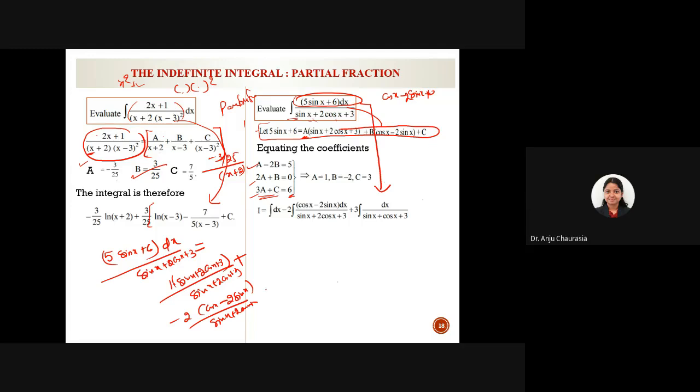Okay, plus c is 3 divided by sin x plus 2 cos x plus 3, as it is. Okay, so now you see, the sin x plus 2 sin x cancels, so here you get only 1 into dx because it cancels, and here you get 2 cos x minus 2 sin x, 2 is outside, and here you are getting this term. Is it okay?